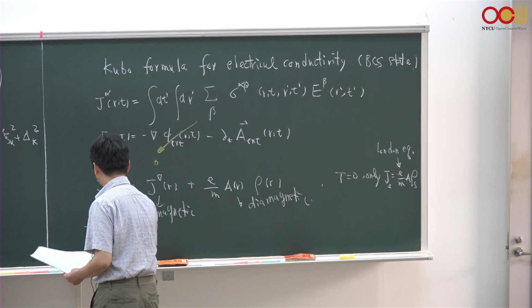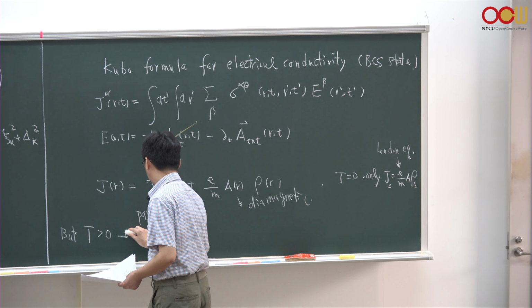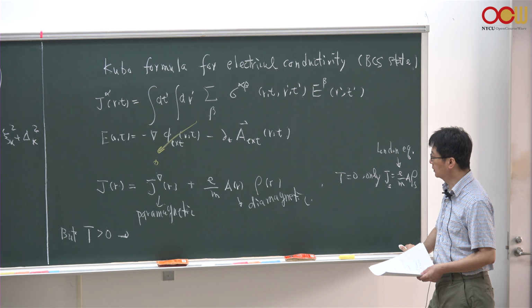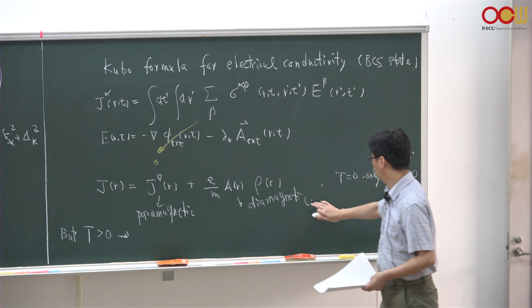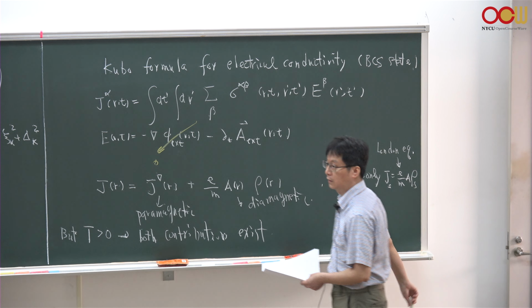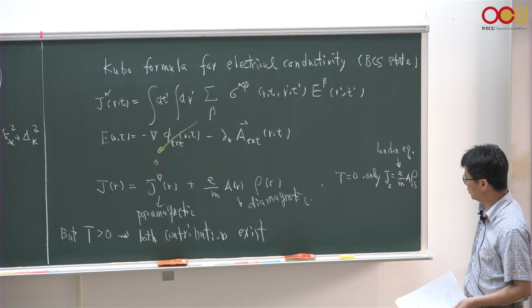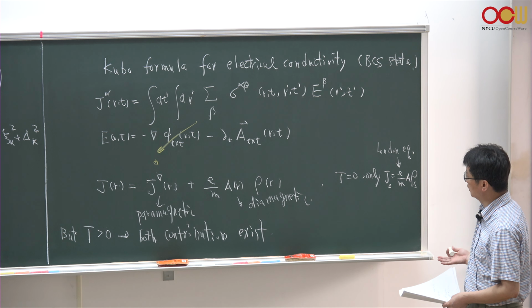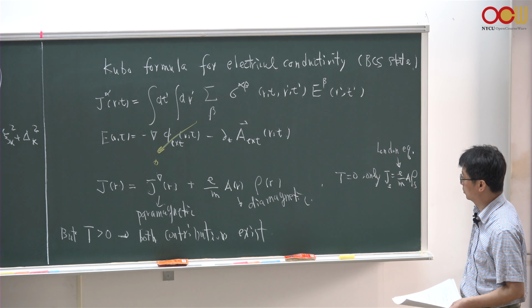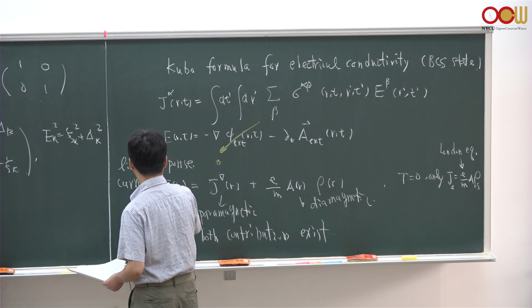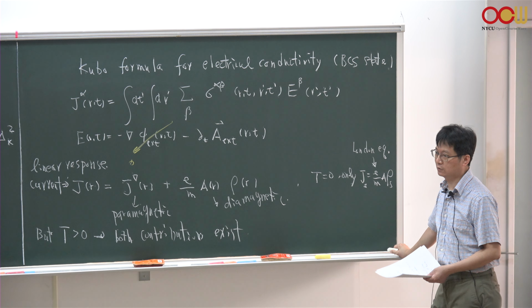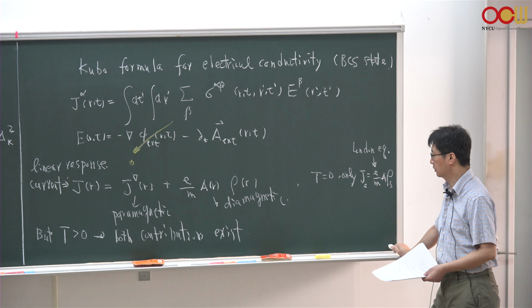However, when temperature is finite, we have contributions from both the paramagnetic response current and the diamagnetic part. So we need to compute this electrical conductivity in the presence of both parts of the current response. This follows exactly the same equation that we introduced at the very beginning of this course.